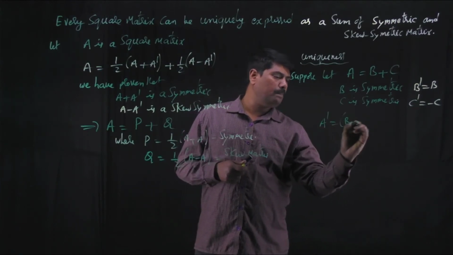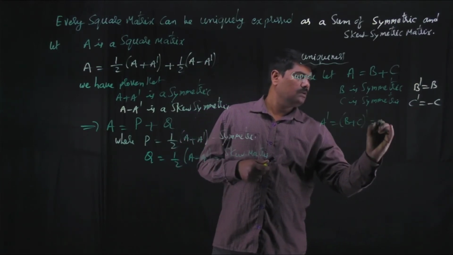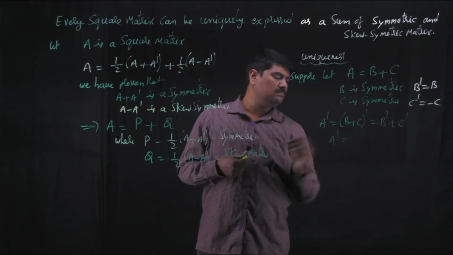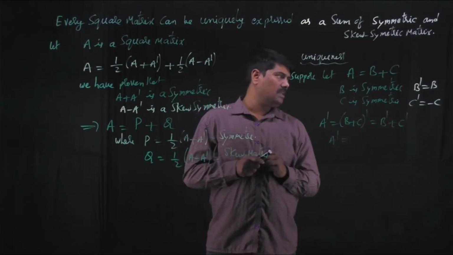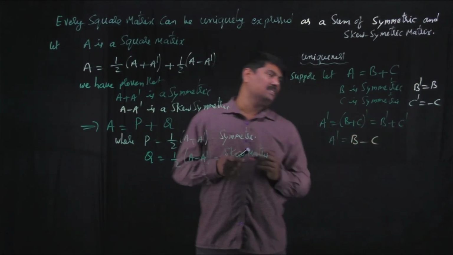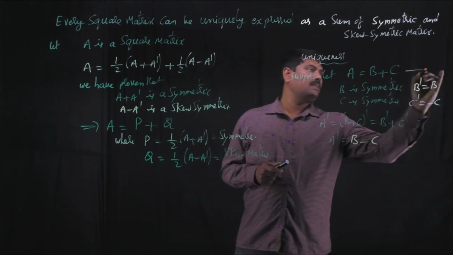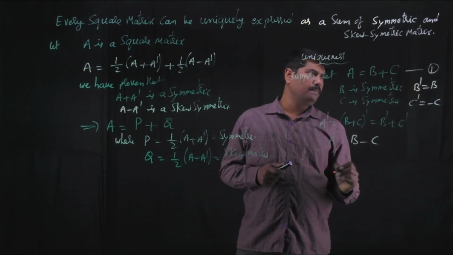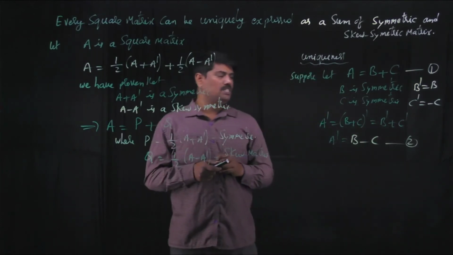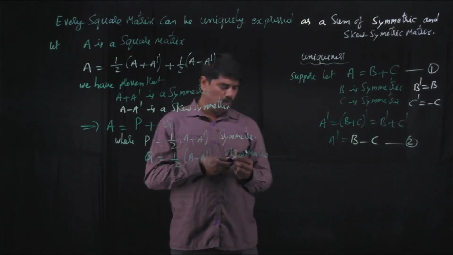It will be (B plus C) whole dash, which is B dash plus C dash. Now B dash is replaced with B and C dash replaced with minus C. Consider A is equal to B plus C as equation 1 and A dash is equal to B minus C as equation 2.